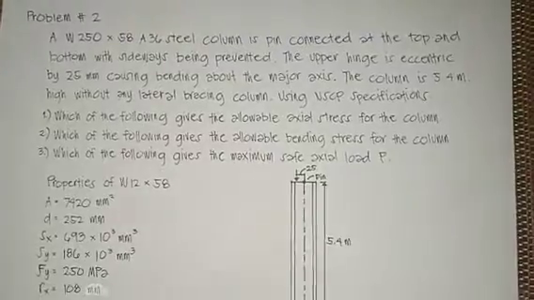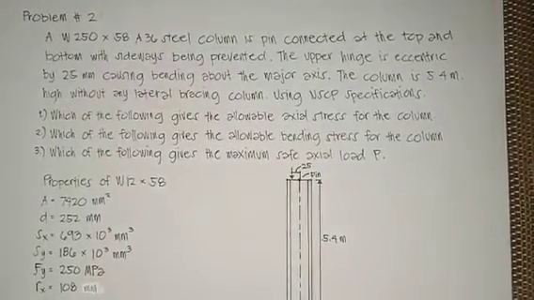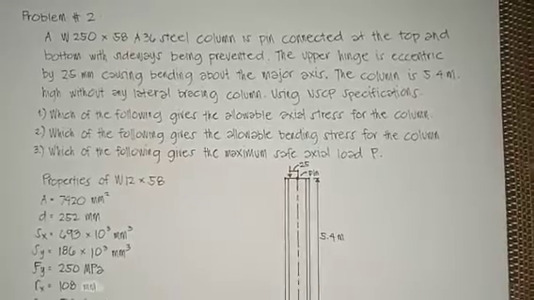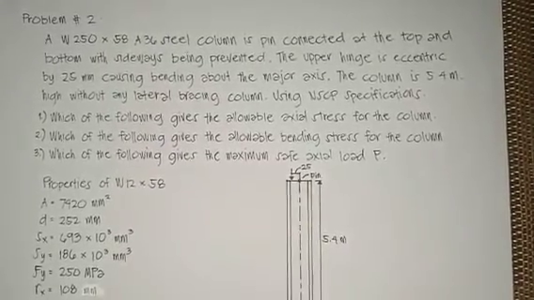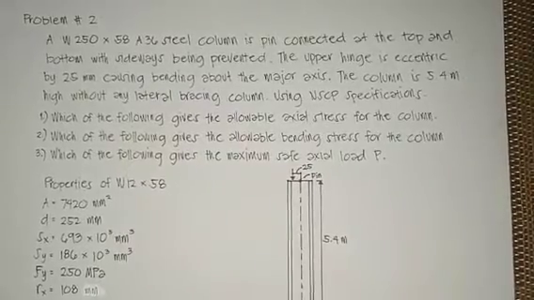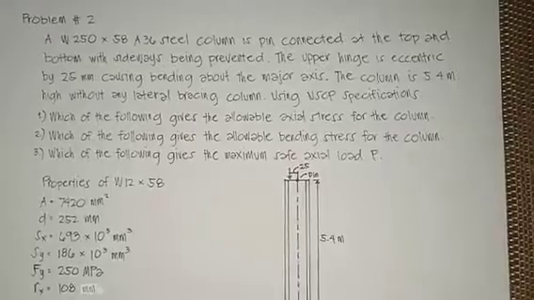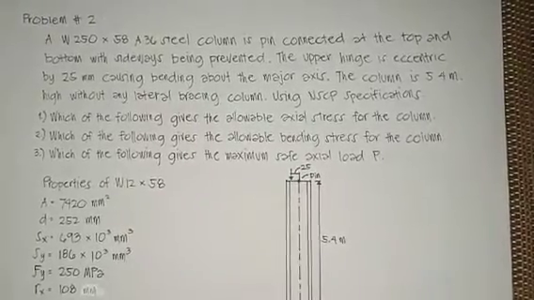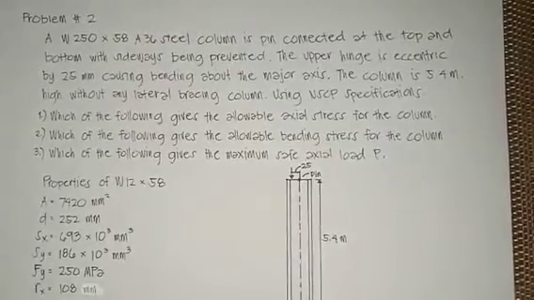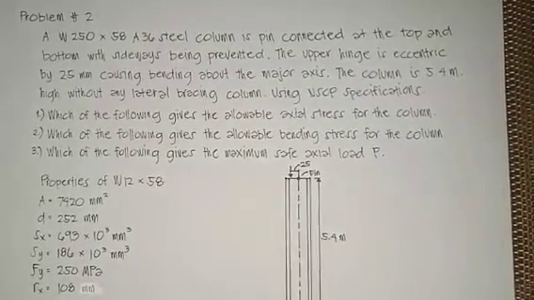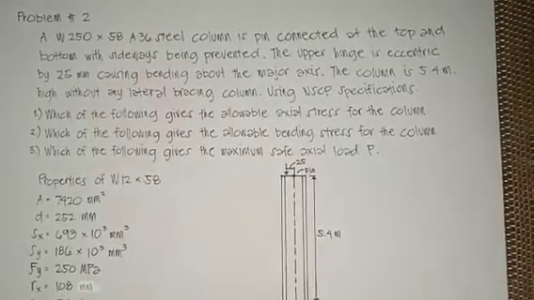Then, problem number 2. A W250 by 58 A36 steel column is pin connected at the top and bottom with sideways being prevented. The upper hinge is eccentric by 25 millimeters, causing bending about the major axis. The column is 5.4 m high without any lateral bracing.